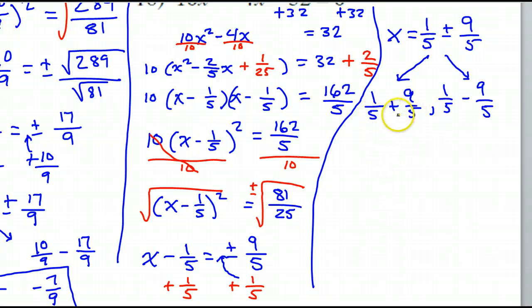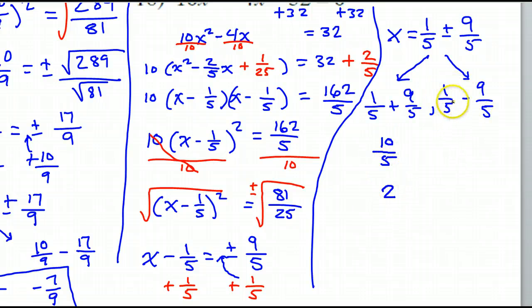The denominators are the same, so 1/5 plus 9/5 is going to be 10/5, which is 2. That's how you add fractions. You keep that denominator, you add the numerator. 1/5, 9/5, that's 10/5, and 10 divided by 5 is 2.